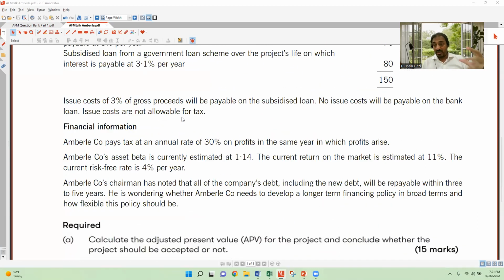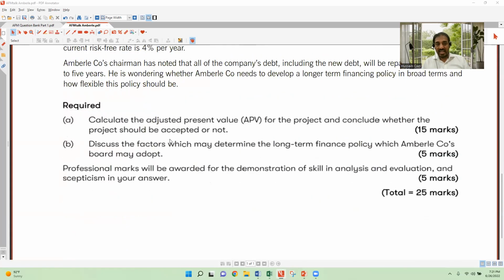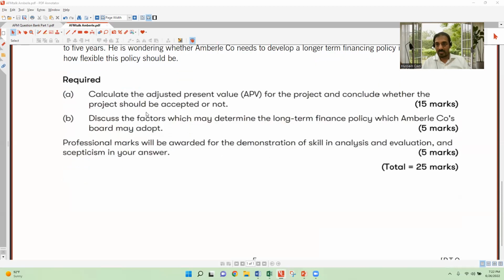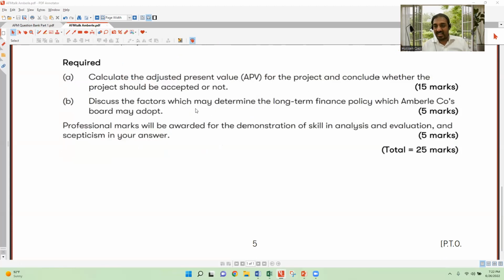From September 2022 onwards, the requirement portion is something like this: parts A and B, which specifically cover the technical aspects and also mention the professional marks expectation by the examiner.